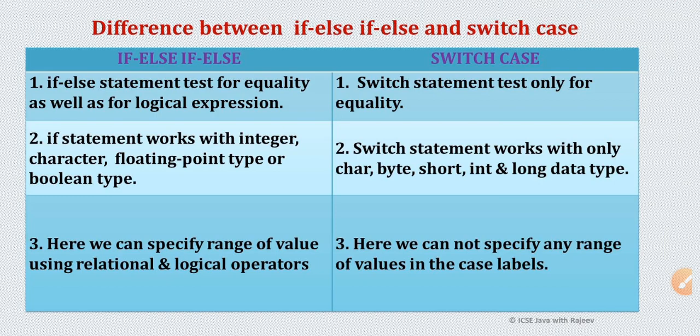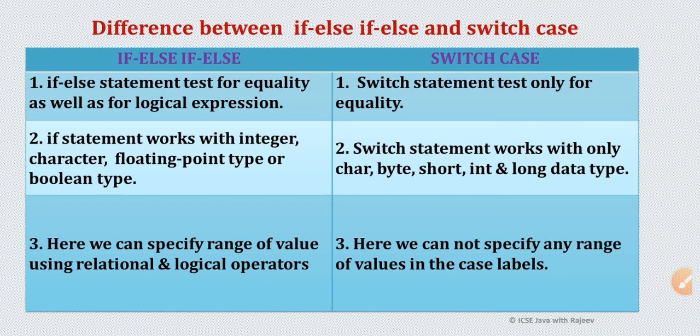Last point: with if else, we can specify a range of values using relational or logical operators. A range of values means, for example, I just want to check whether the user can enter only a number between 10 to 45. So how will you specify it? The number is stored in variable n, so you will specify if n greater than or equal to 10 and n less than or equal to 45.